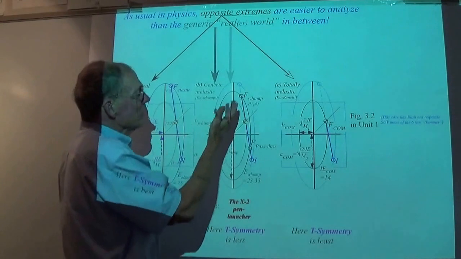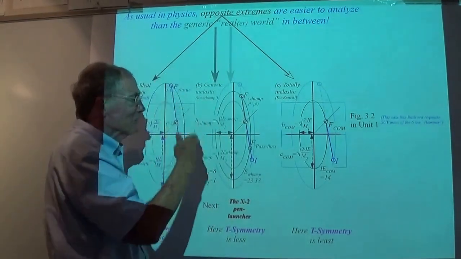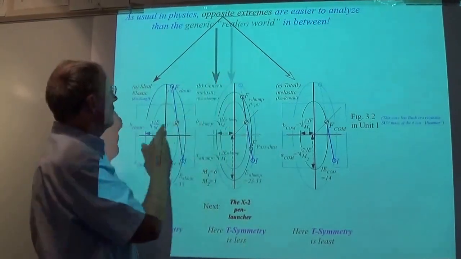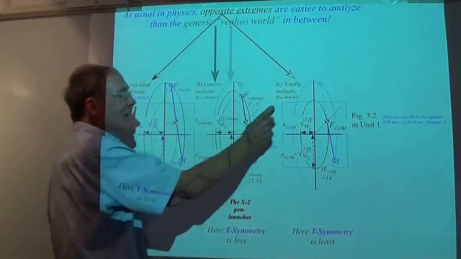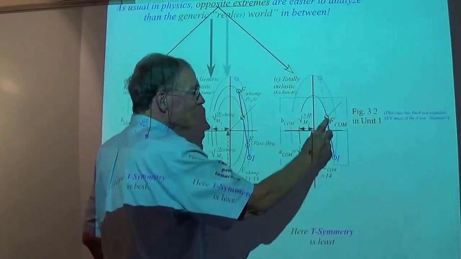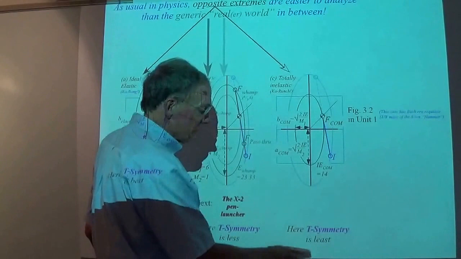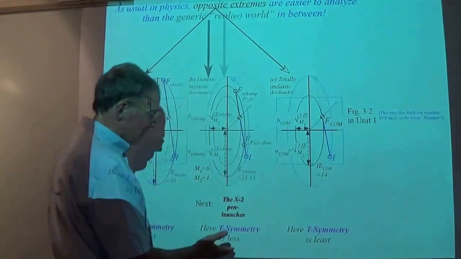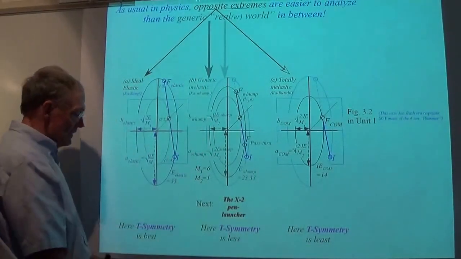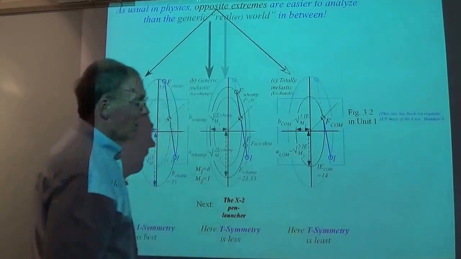So I just call this Coulomb. This is the general Coulomb case that's in between the kabong and the crunch, where you end up right there. That's the least T symmetry. This is somewhere in between these two, most and least symmetry.